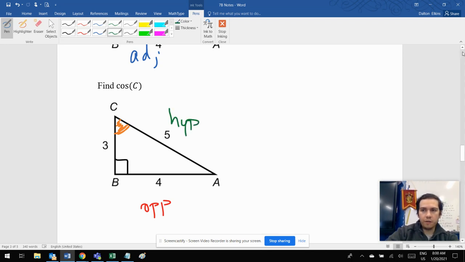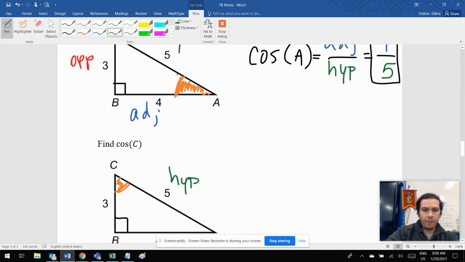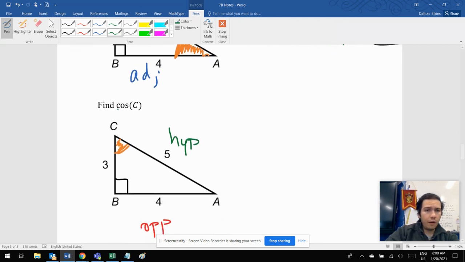When you compare and contrast both these two triangles, same triangle, right? Different perspective of angle C versus angle A. Hypotenuse stays the same for both cases here. And that would leave 3 as being the adjacent side, the side that's right next to the angle. That's not the hypotenuse.